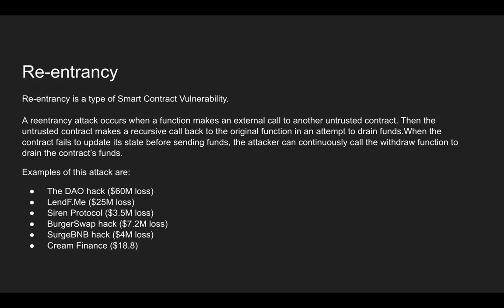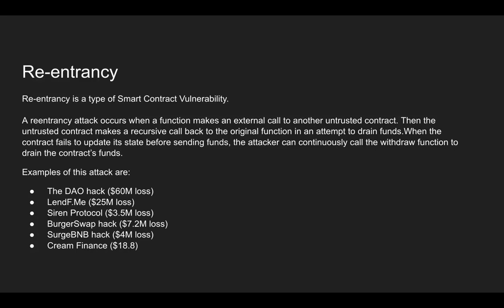If the smart contract does not update the state of the addresses before sending the funds, the caller, which is the attacker, has a window to keep calling that function.